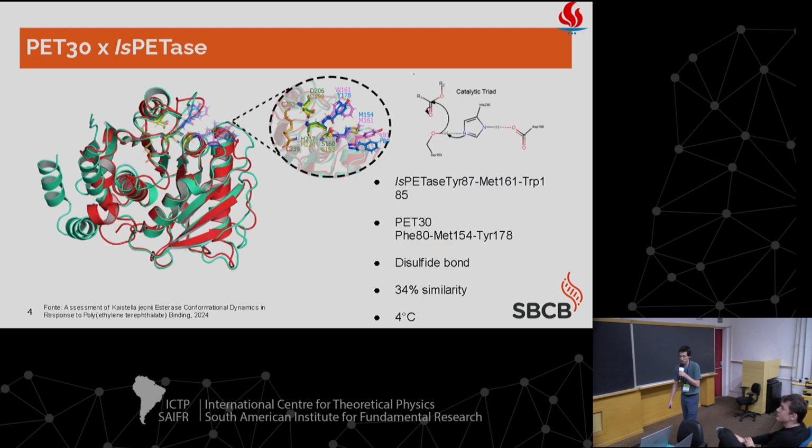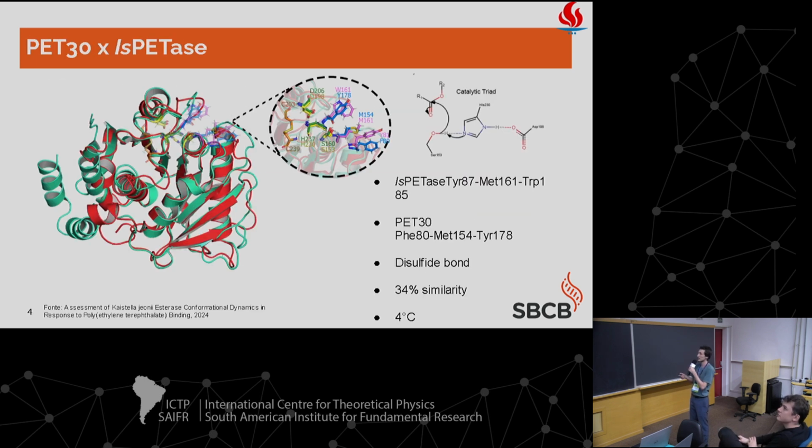In 2016, an enzyme capable of degrading PET was described, called ICTP-SAIFR, and today it is the most studied enzyme for PET degradation.